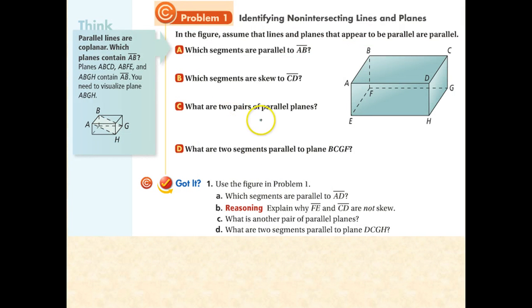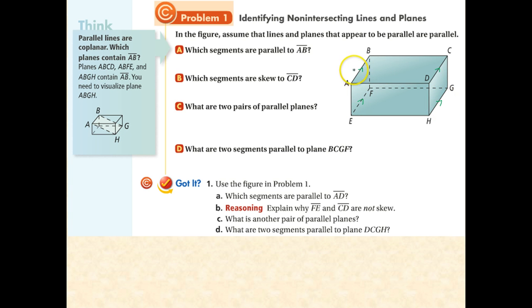Alright, problem number 1. Identify non-intersecting lines and planes. In the figure, assume that lines and planes that appear to be parallel are parallel. So we're going to assume that line AB is parallel to line CD. Which segments are parallel to segment AB? Well, if I was to draw some little segment lines, AB is parallel to CD and also parallel to EF and also parallel to GH.